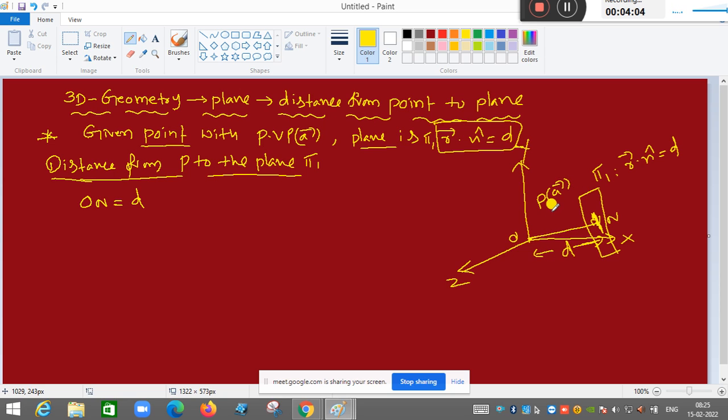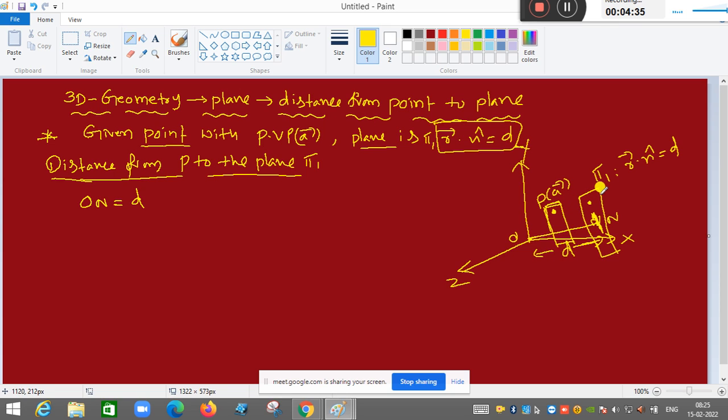Now we consider another plane through this point and parallel to the first plane. This point is P. Now we have to find the distance from this point to the first plane.